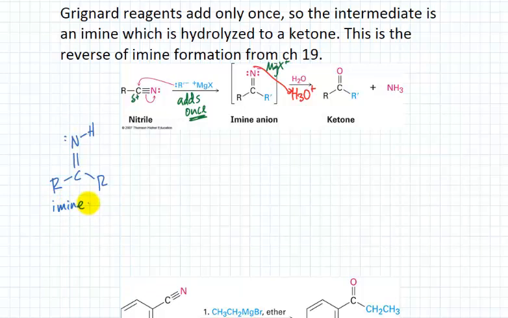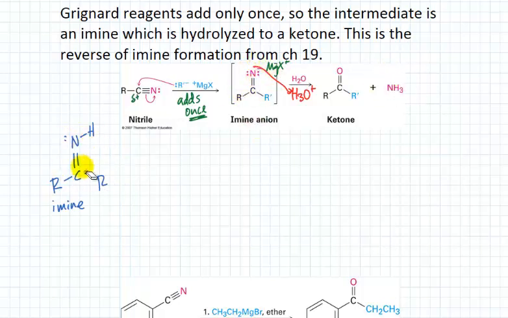But the thing is, if we have a large excess of water present, and especially if we have an acid catalyst, an imine can turn into a ketone. This is the reverse of what we saw in our carbonyls chapter 19, right? Ketones could turn into an imine. If we just had these as reactants, we could make an imine, especially if we removed water from it and had an excess of NH3.